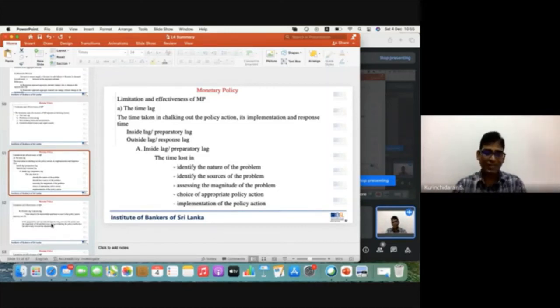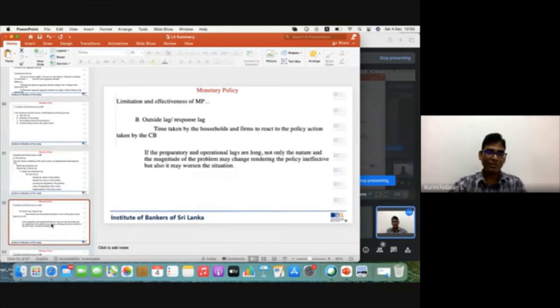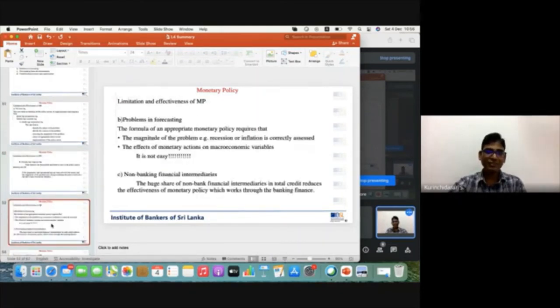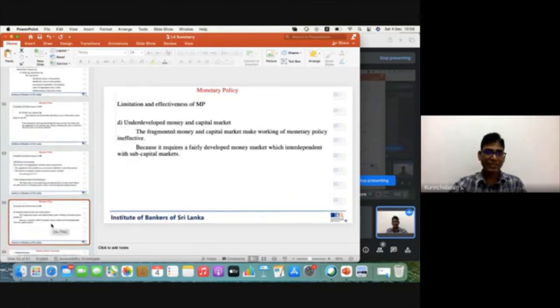Then the outside lag: you implement the measures, but to see the impact, it goes another 2-3 quarters, right? So it's an outside lag or response lag. So time lag is one of the problems. Then problem in forecasting, and non-bank financial intermediaries, and then underdeveloped money and capital market.